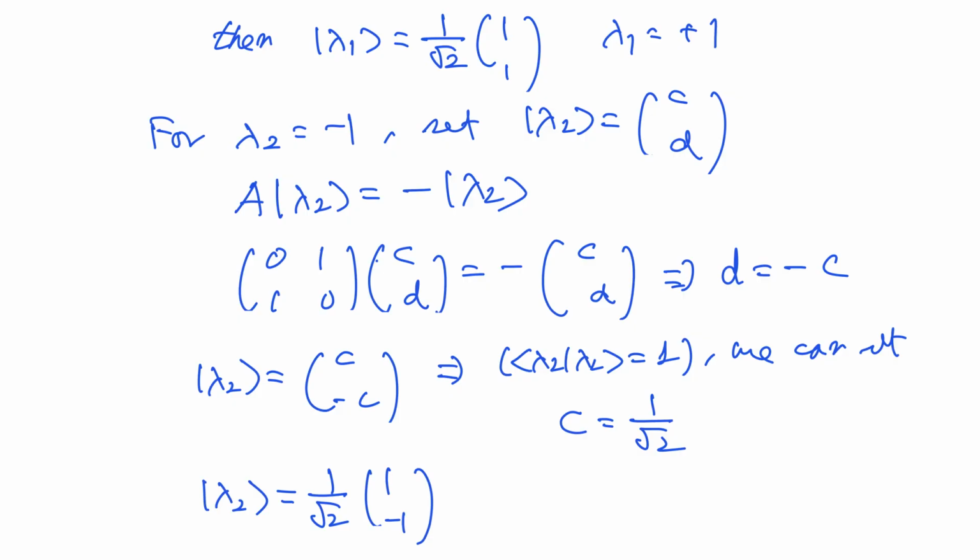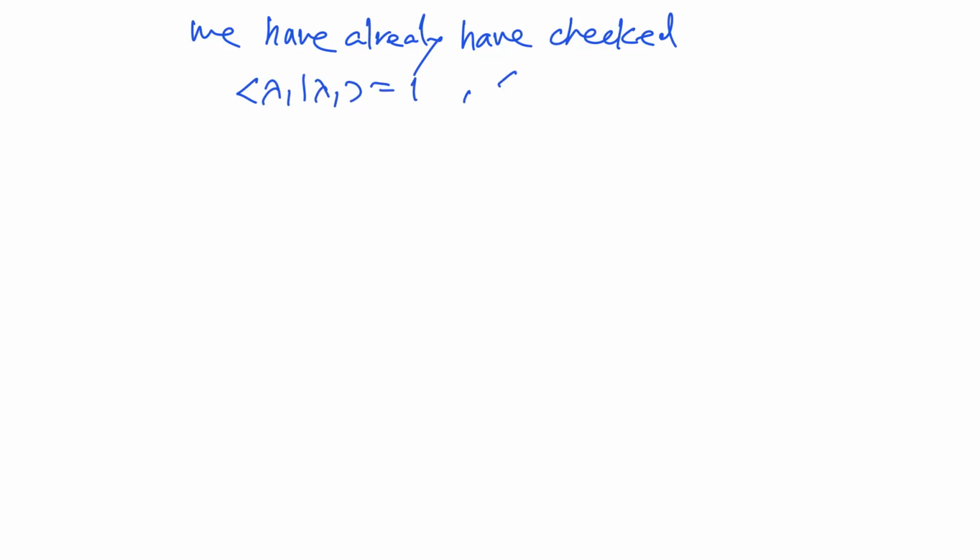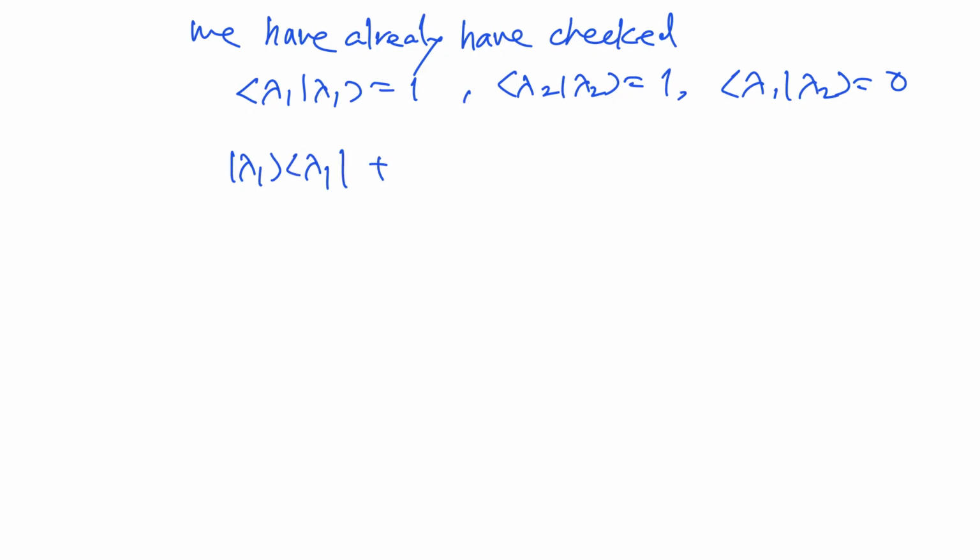We have already checked that ⟨λ1|λ1⟩ is equal to 1, ⟨λ2|λ2⟩ is equal to 1, ⟨λ1|λ2⟩ is equal to 0, and |λ1⟩⟨λ1| plus |λ2⟩⟨λ2| is the identity. This is called the completeness property.